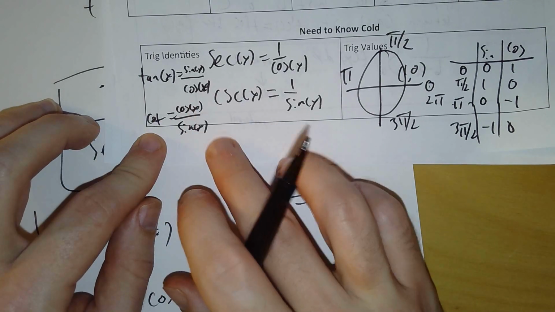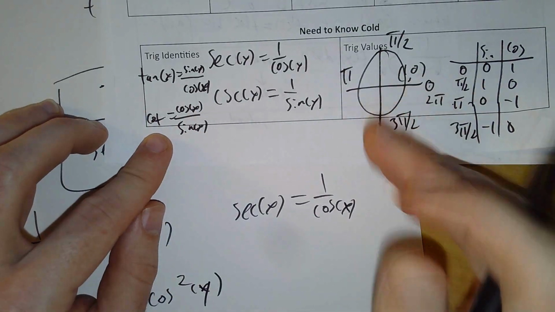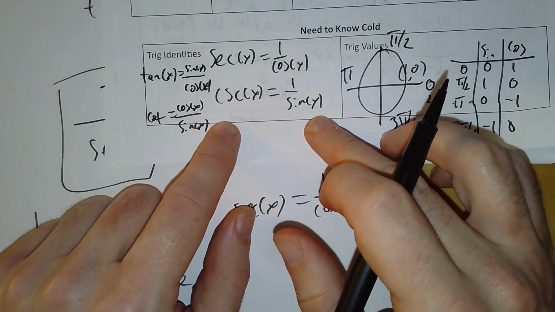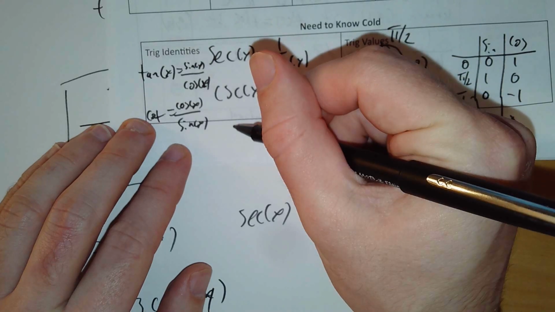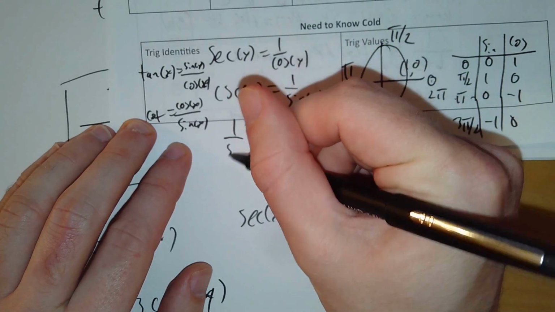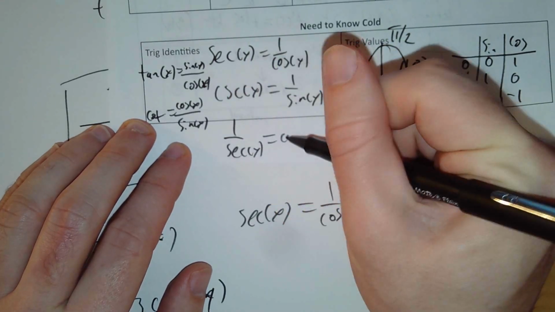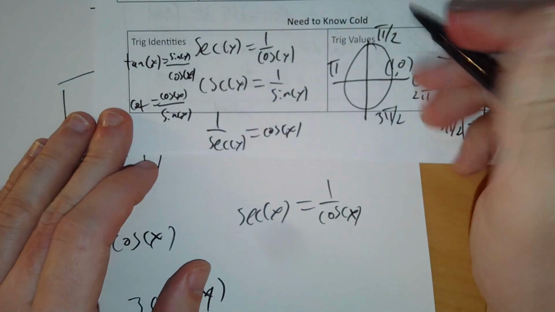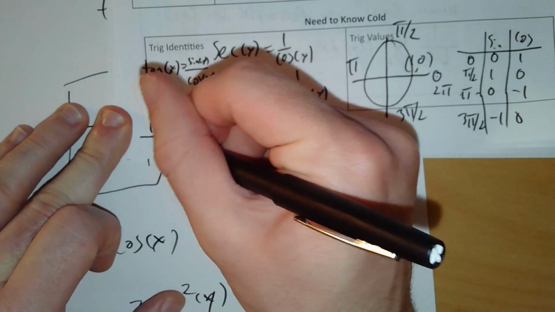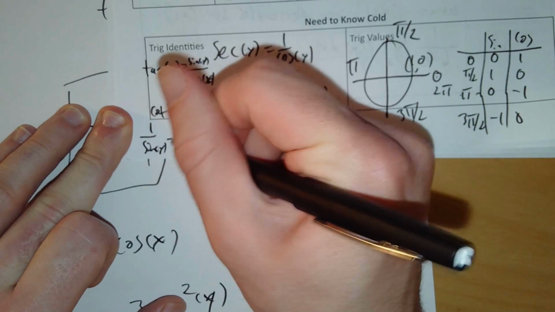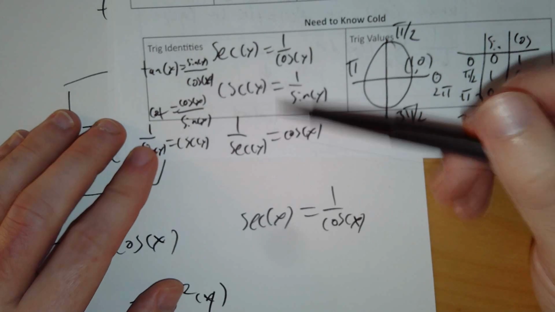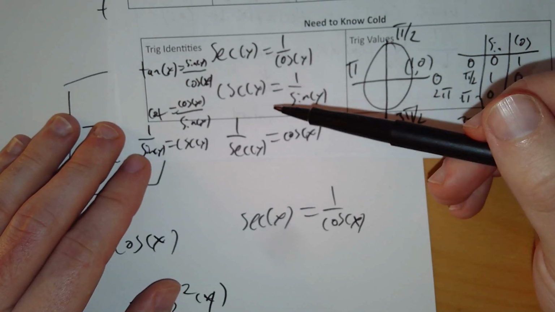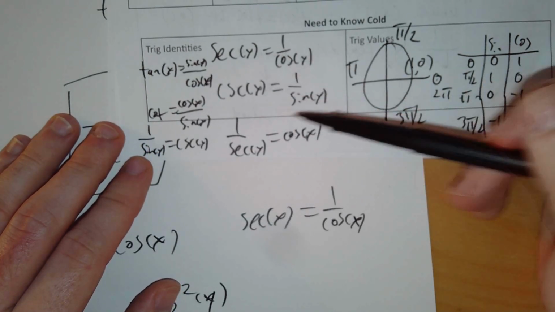So you have to know, okay, cosine over sine, that's cotangent. Or 1 over sine will be written as cosecant, right? Let me add these here to be even more clear. 1 over secant x is cosine x, and 1 over sine x is cosecant x, right? Remember, these two are essentially the same thing. They're just flipped in position.